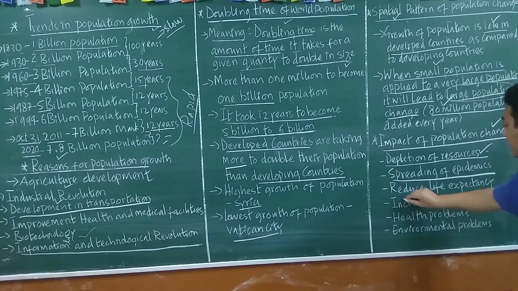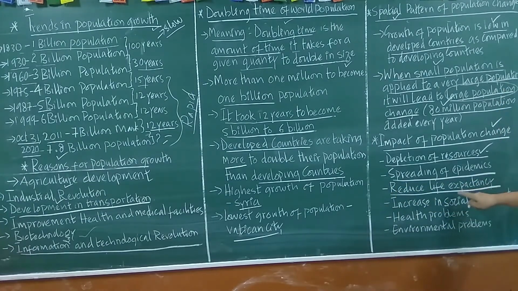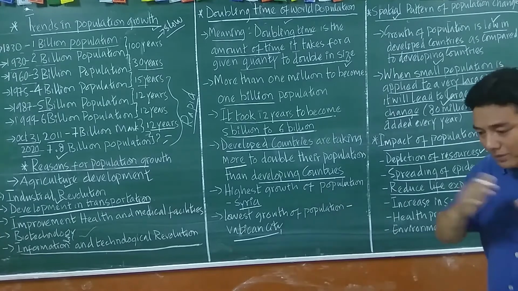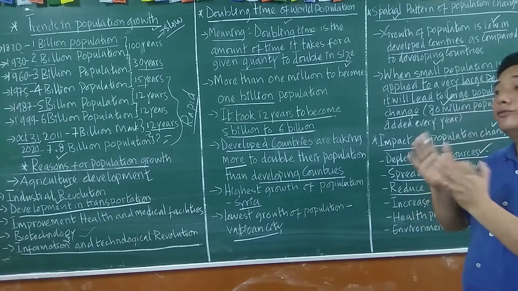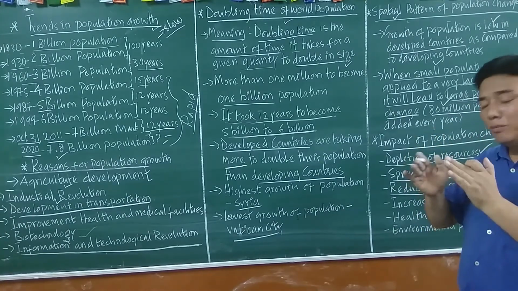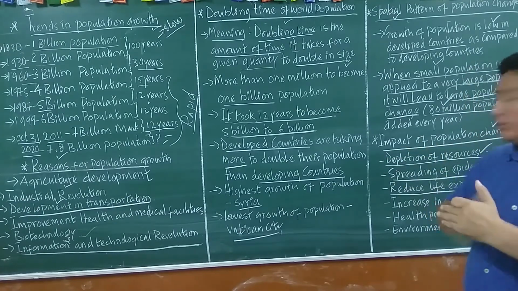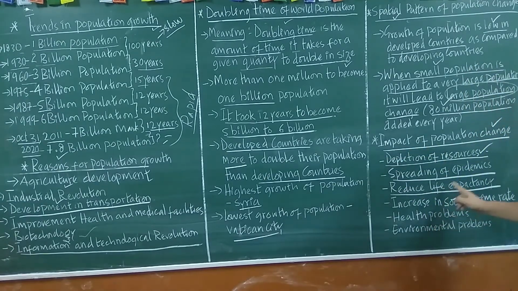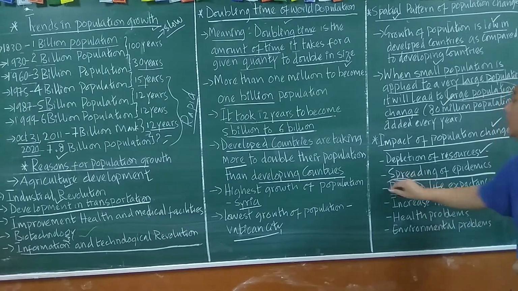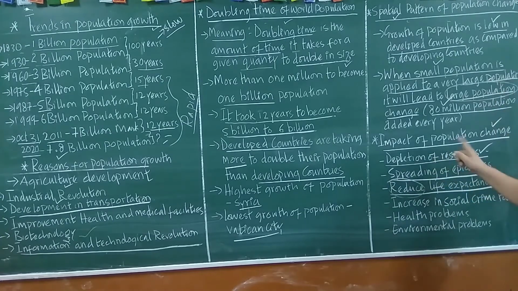Next, it reduces the life expectancy. What is life expectancy? It is how long a person is able to live. It will reduce the life expectancy if the resources are depleted.